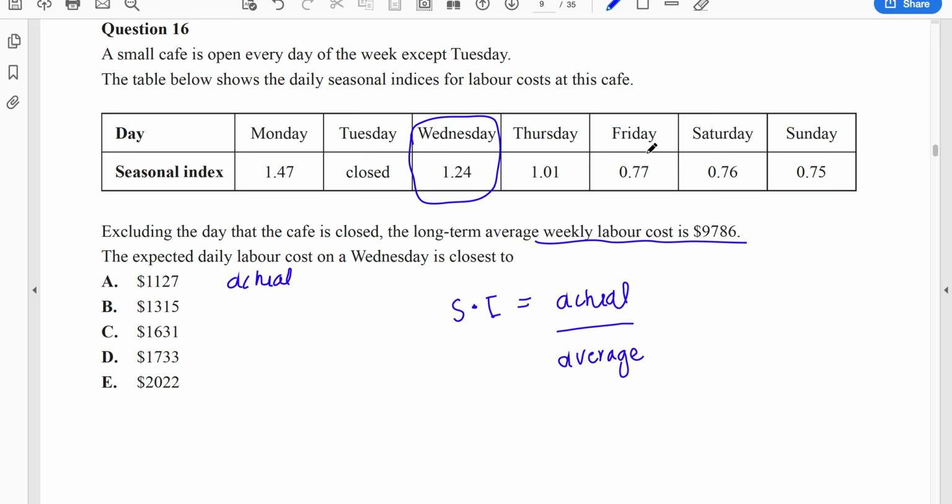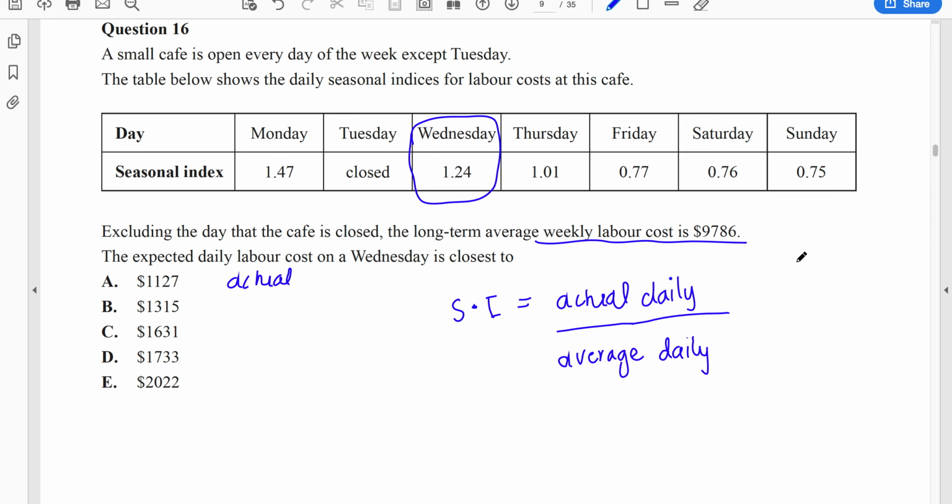What you need to consider is that when we're looking at the actual over the average, that should be the daily, and that should be daily as well, since we're only looking at Wednesday. And this here was a weekly labor cost. So if we want to get a daily labor cost, we need to divide by how many days this cafe is actually open. So see how they're closed on the Tuesday.